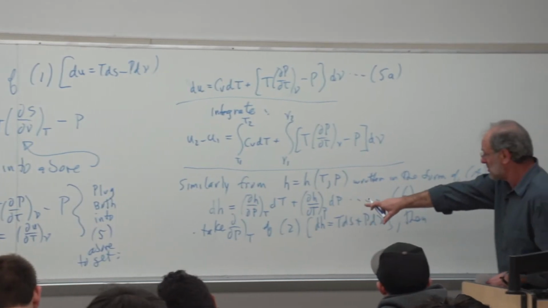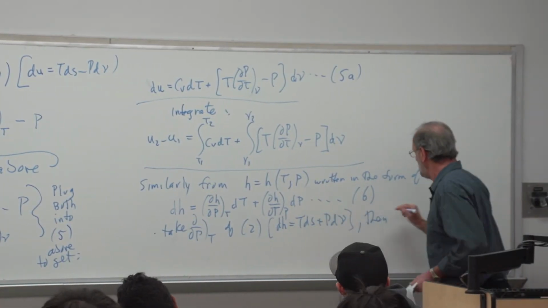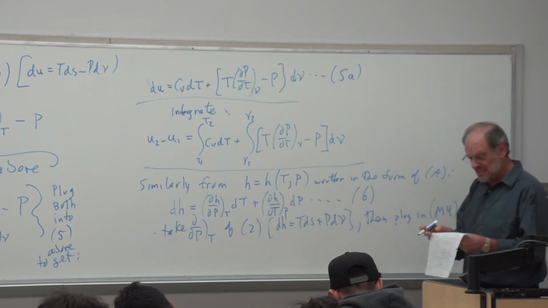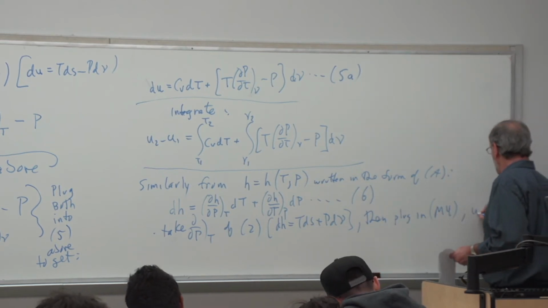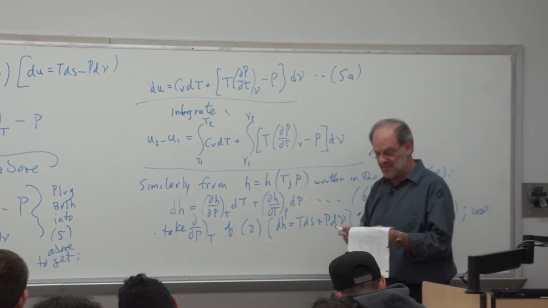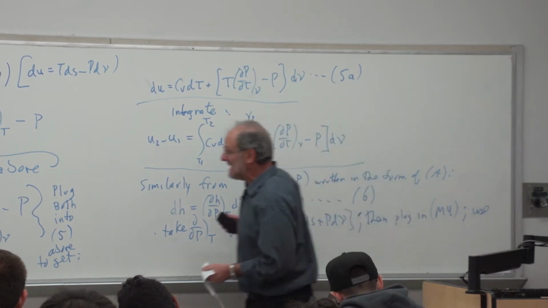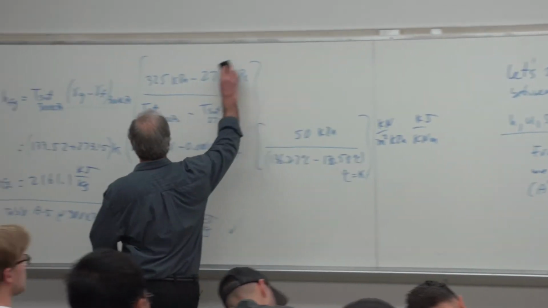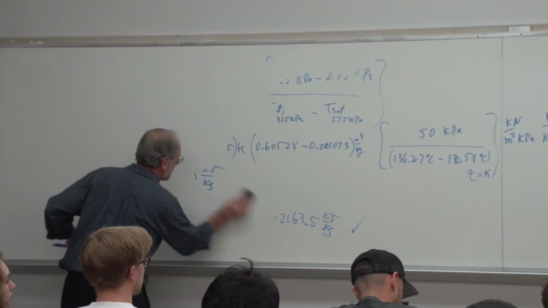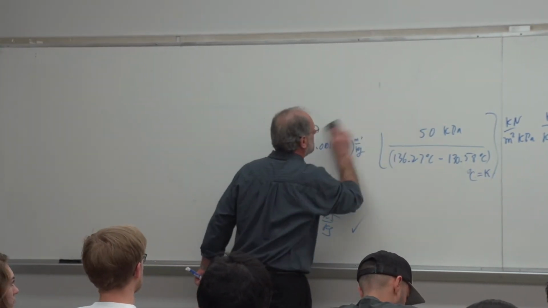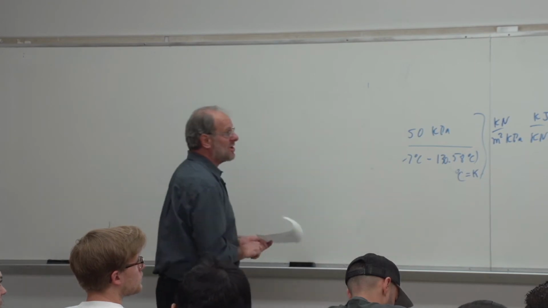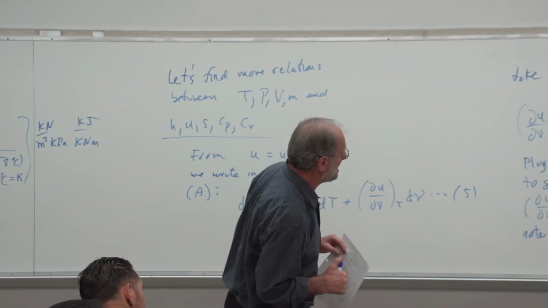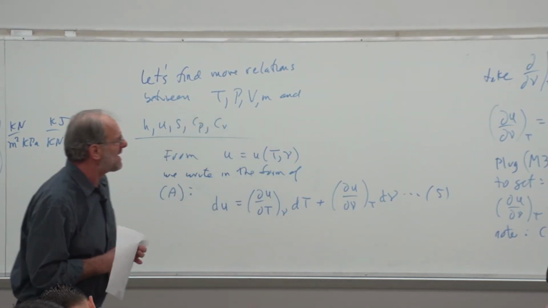So after I've taken the partial with respect to P holding T constant of equation 2, I then plug in the fourth Maxwell relation. We also use the fact that Cp, kind of like we've done here for Cv, but now we're going to do it for Cp. Again, we take del P at constant T of 2. We then plug in the fourth Maxwell relation.